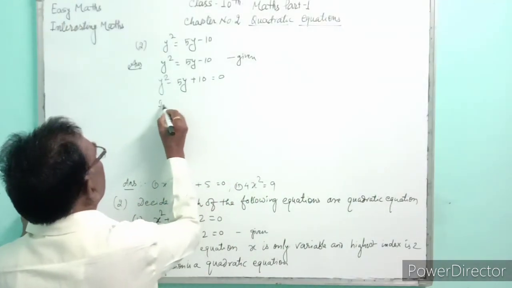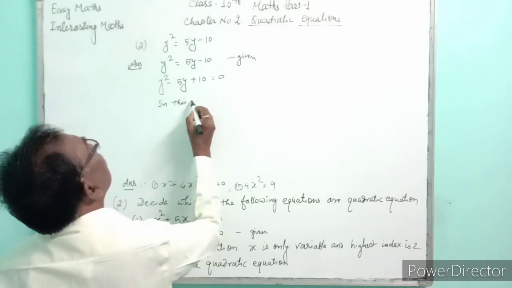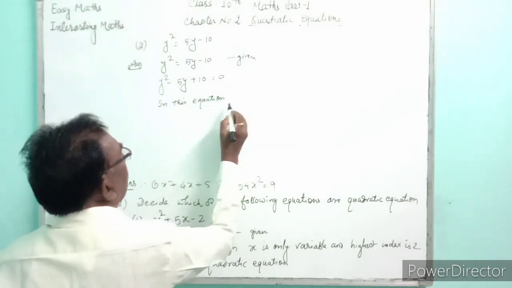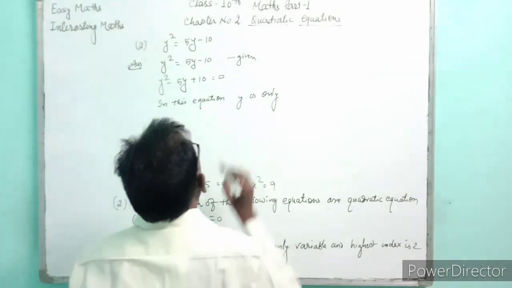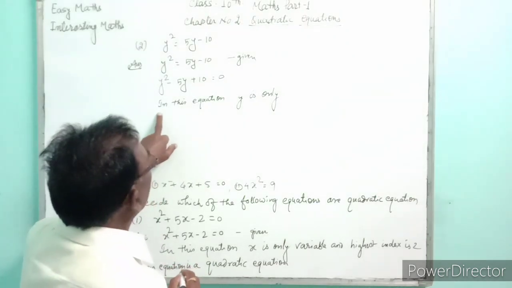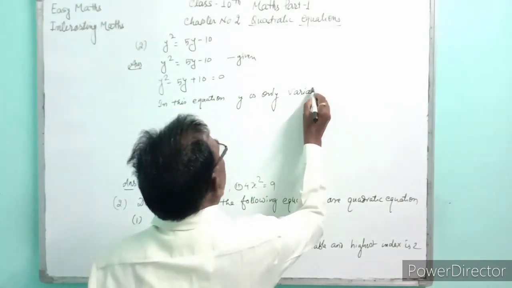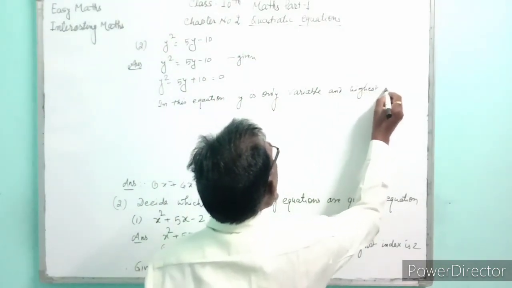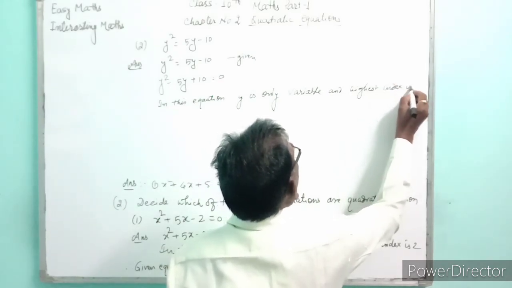We write here, in this equation, y is the only variable and the highest index is 2.